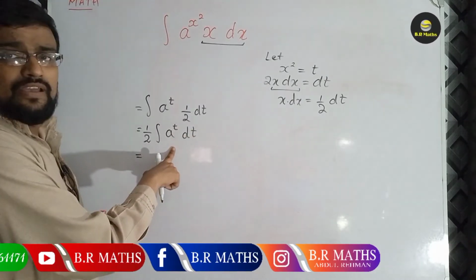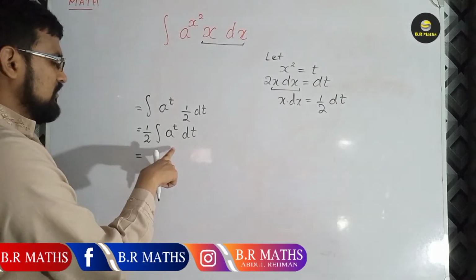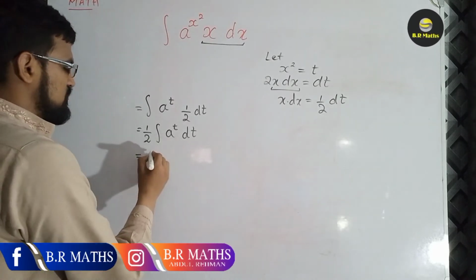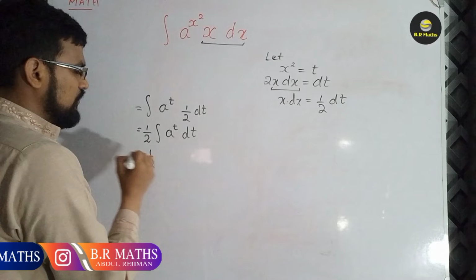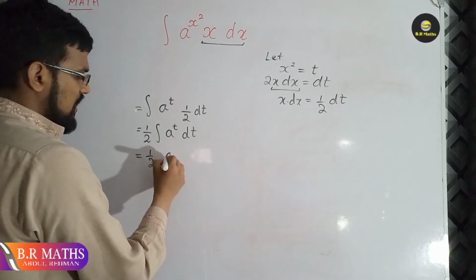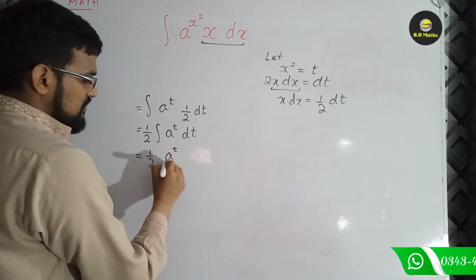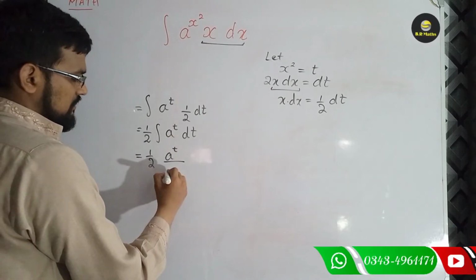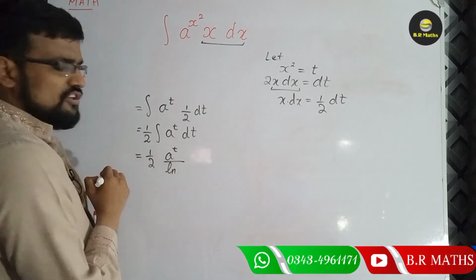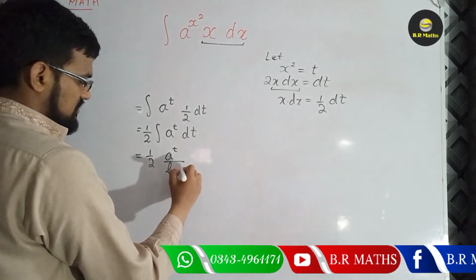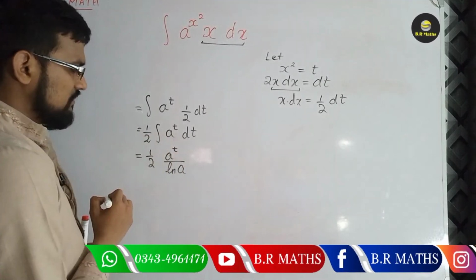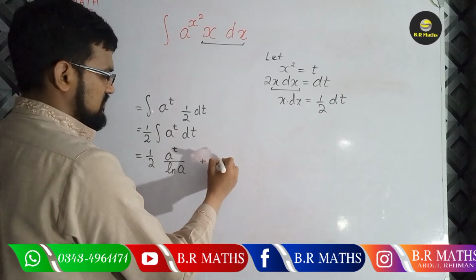This is an exponential function, so the integration of this one is 1 over 2 a raised to power t divided by natural log of the base, this one, plus c.